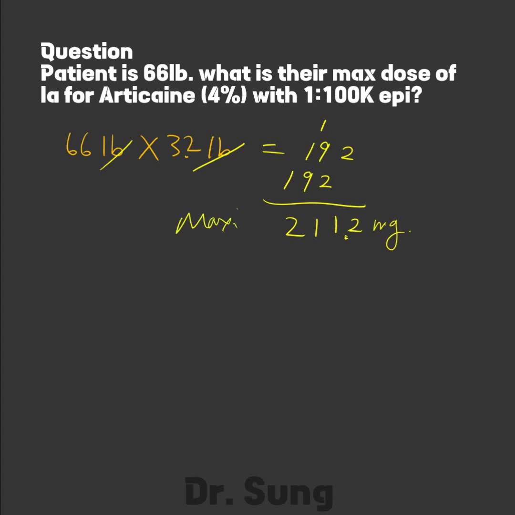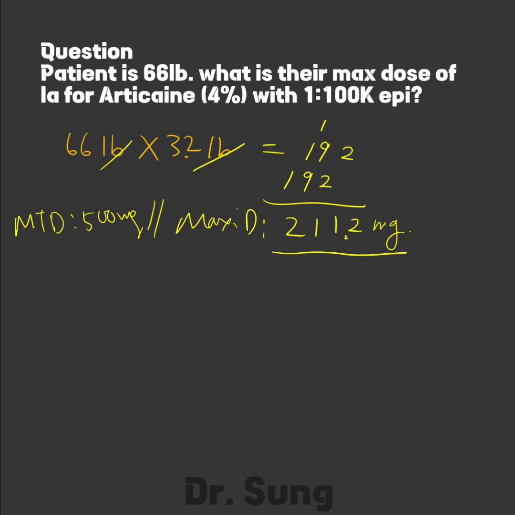How about the maximum total dose? Maximum total dose was 500 milligram. Okay, so since it is less than 500 milligram, yeah, we can give until here, but not more than this. Okay, so this is the maximum dose.